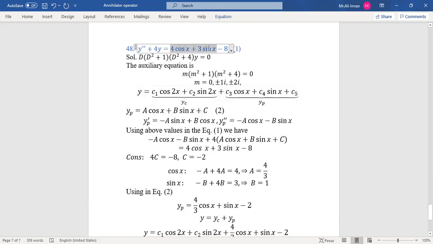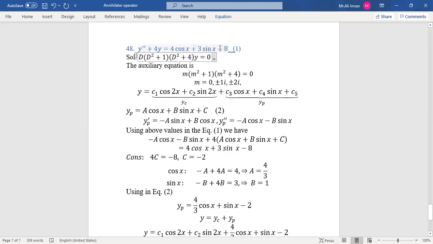This type of solution appears when we have m equal to plus minus i, or m squared plus 1 is equal to 0, or D squared plus 1 is equal to 0. So for 4 cos of x plus 3 sin of x, we have the annihilator operator D squared plus 1.